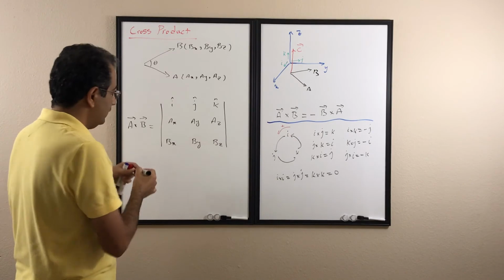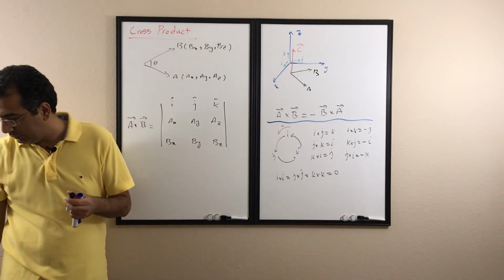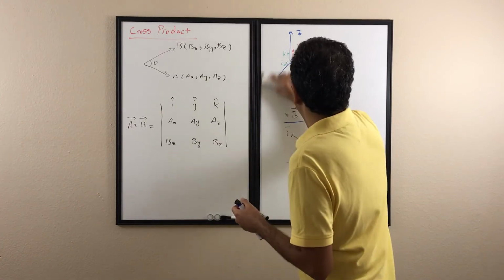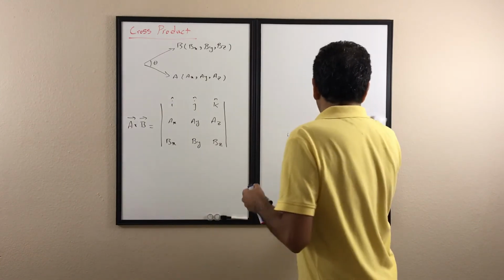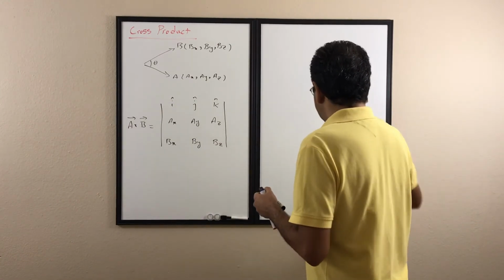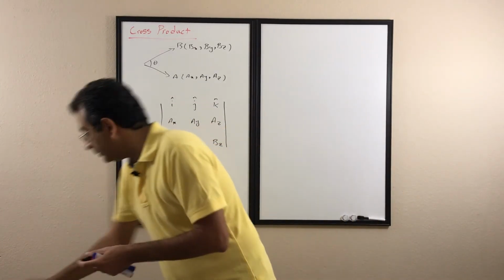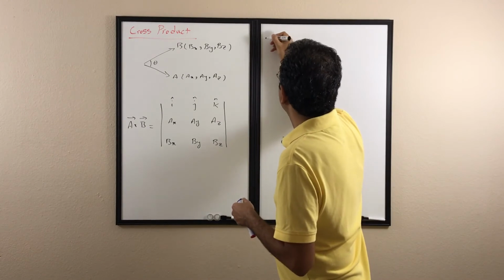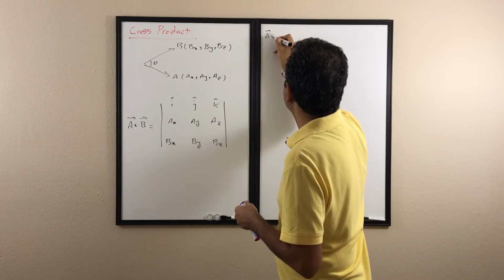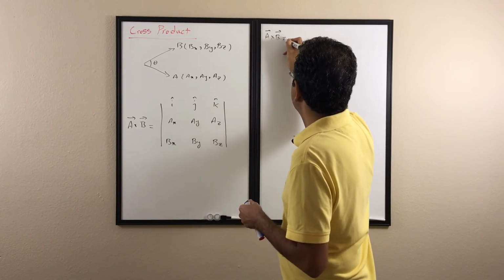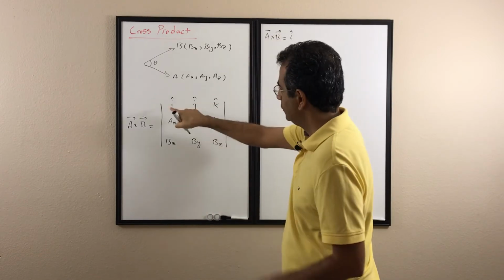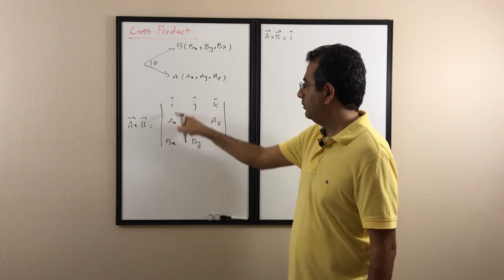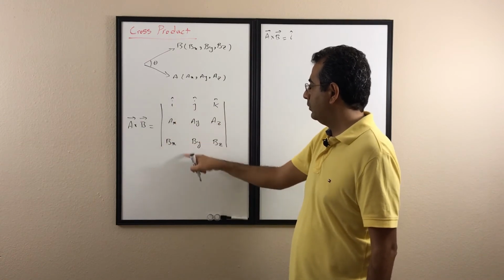And to calculate that determinant, we go like that. We start with I, so I'm going to write it again, A cross B. So it's going to be I, and then eliminate the row and the column that I is in and write whatever is left.